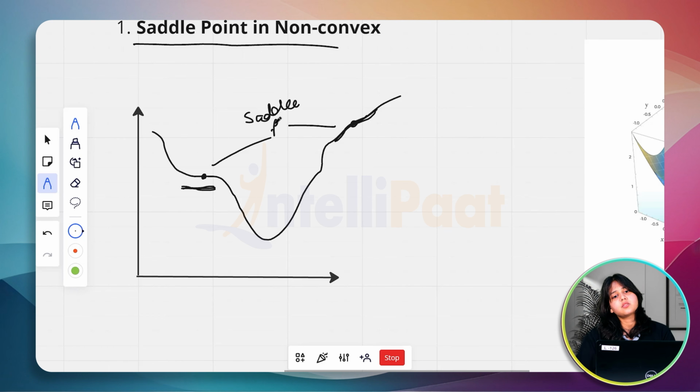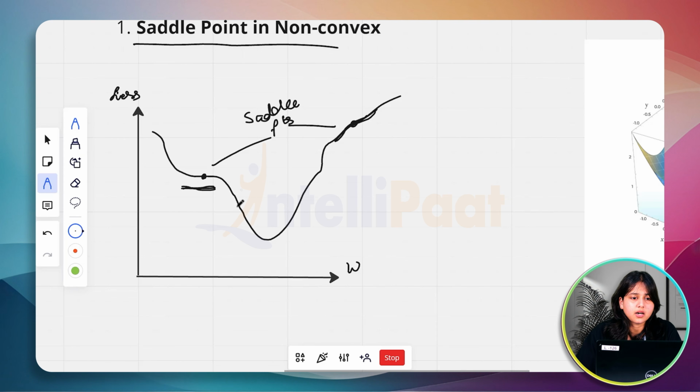It is these points where our learning basically stops. Since the slope of our cost function, this is our cost function, right? This is our loss, and this is our weight on our x-axis.